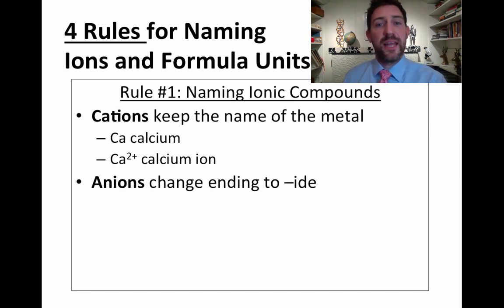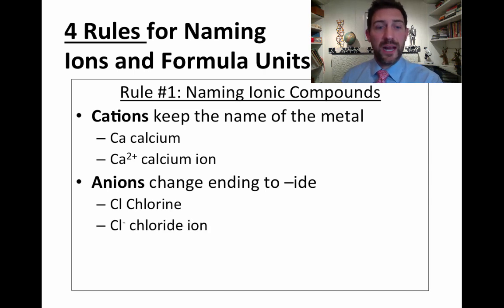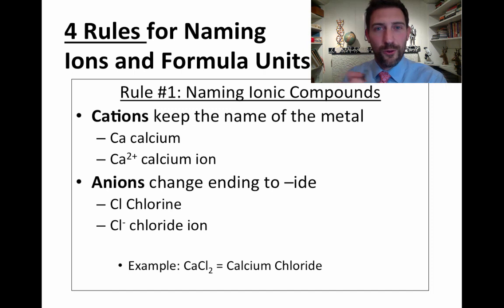The anion has a negative charge, and we change the ending to "ide." Now, these are just basic, simple ionic compounds or formula units for now. So we looked at chlorine. Chlorine, when it ionizes, makes a negative charge. That makes the chloride ion. So when I put those two together, I get CaCl2, which is calcium chloride.